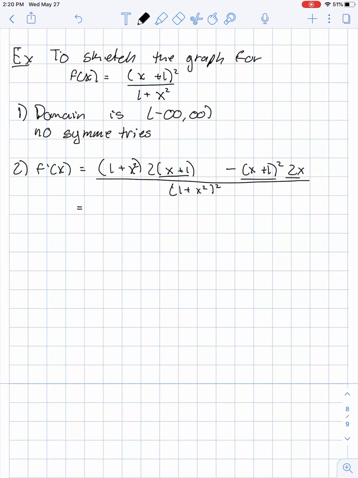So now there is a 2x plus 1. There we go. I can pull out from each term.